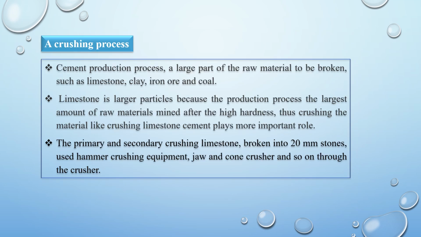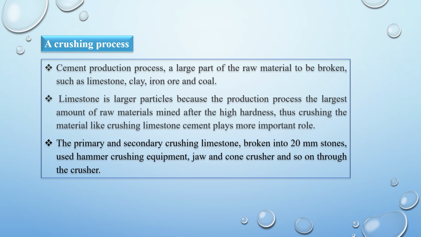Students, now we are going to discuss different processes which are involved in the dry process. The first process is the crushing process. In the cement production process, a large part of the raw material has to be broken, such as limestone, clay, iron ore and coal.